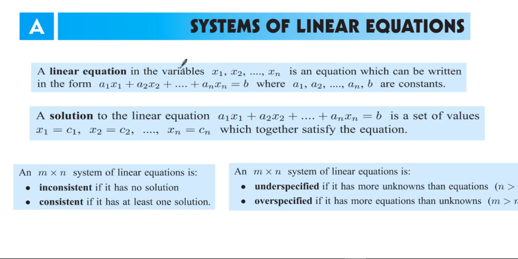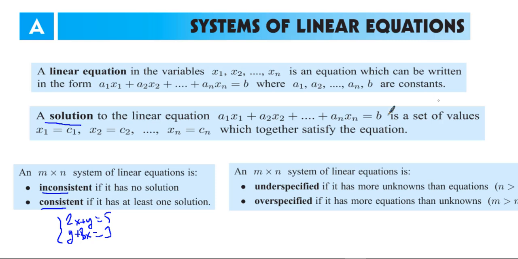System of linear equations. A linear equation is a linear one with many unknowns and coefficients, which has a result, and what we call the solution for the x's is the one which gives the correct result for my equation. We call it a solution, right? There are also some definitions: inconsistency and consistency. Inconsistent means that when you have simultaneous equations, let's say 2x plus y equals 5 and y plus 2x equals 3, for example, there is an inconsistency.